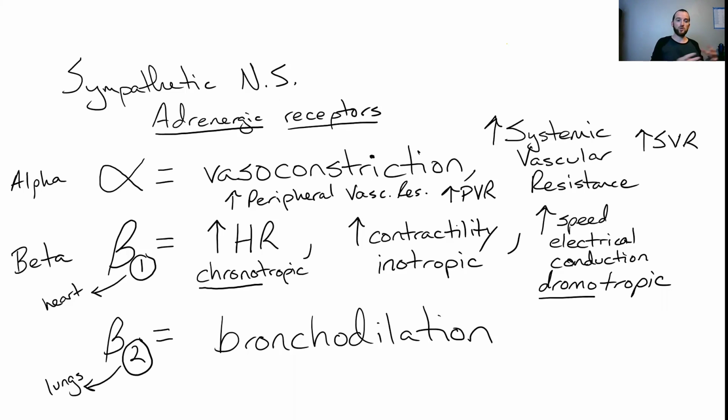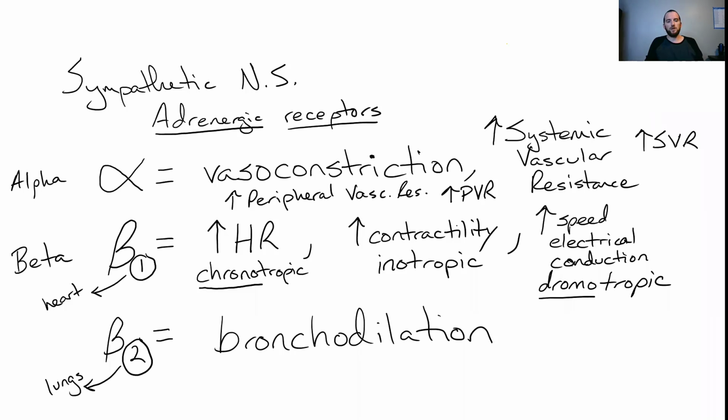That's where most of the beta 2 receptors are located, in the lungs, just like most of those beta 1 receptors are located in the heart. That's why we get that difference of cardiac effects versus respiratory effects. The reality is there are some beta 1 receptors in the lungs and some beta 2 receptors in the heart, but the bulk majority are separated that way, so we're able to describe it this way.